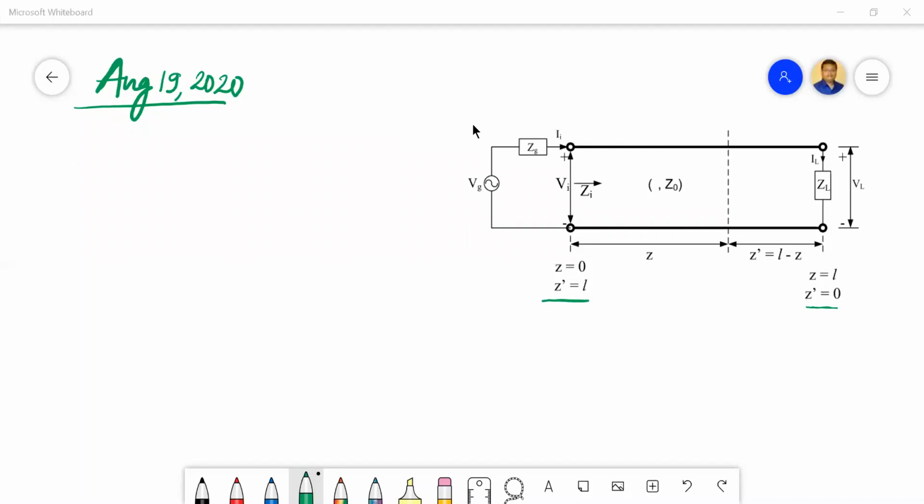These are things we used in the derivation last class, where we accommodated z dash and z, and finally got a very nice relation for the voltage and current waves, if you remember.